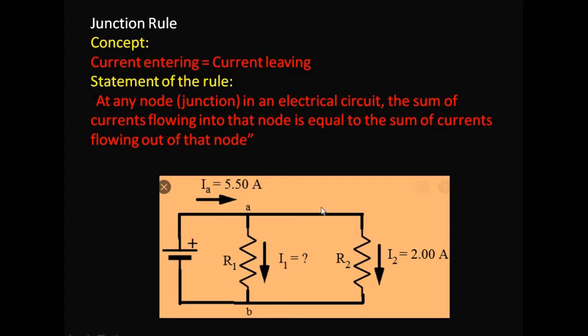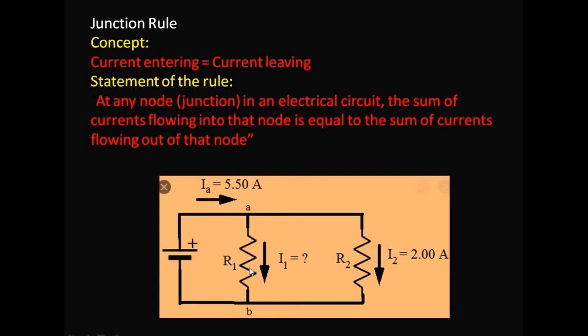Now, look at this circuit, you will understand this better. Here you will see a junction. You can take any point in the circuit for a junction, but let us take this particular point A. We call it junction A. The current entering this junction A is IA. There are two currents leaving the junction.